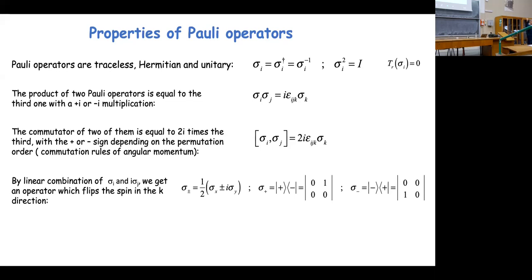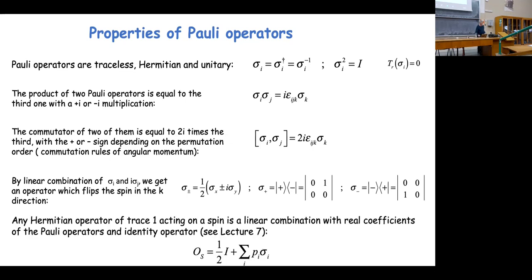And sigma minus does the opposite. It takes the plus and flips it to minus. So these operators, sigma x plus or minus i sigma y over 2, are the flipping operators, the operators which bring you from one state to the other. And you can write them in this form also if you want, as joining a ket and a bra in this way.